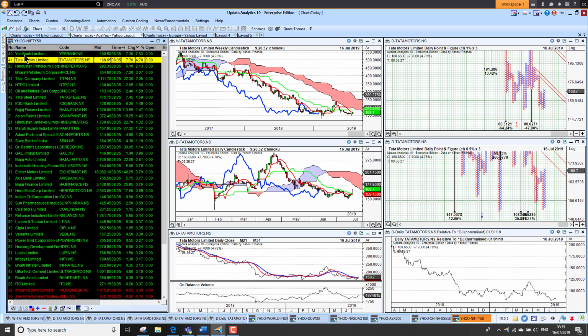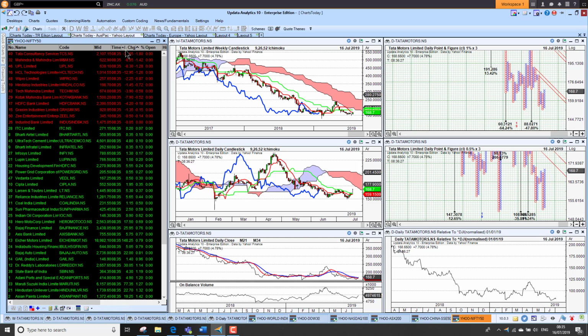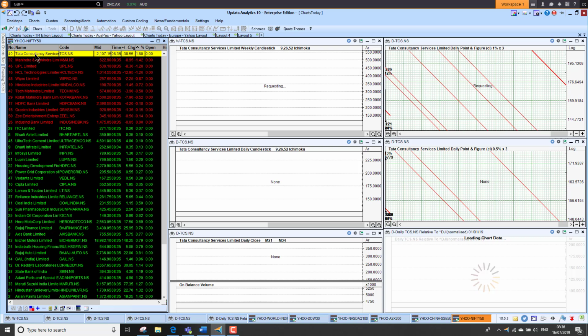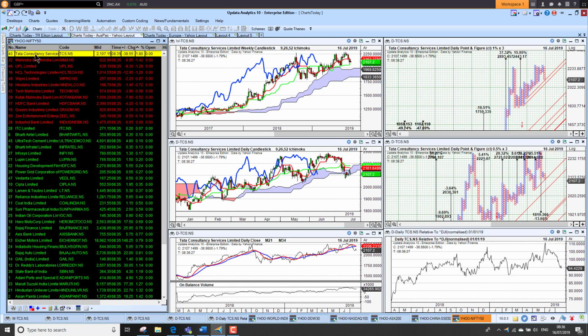And looking at Tata, we're also in bearish territory here, even though they were up 4%. Not many stocks were down. It was just that the leaders weren't enough to really take the market very positive in India. And here we see Tata Consultancy actually looking pretty good. We're seeing this trend where the worst performers are actually the best looking charts. We get the counter trend moves, so it's quite interesting.